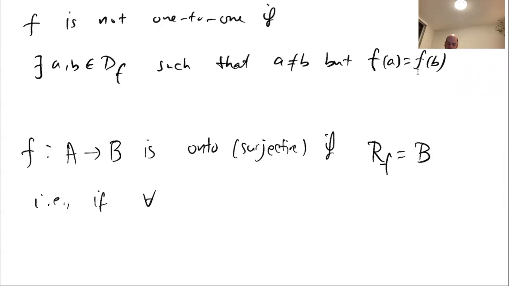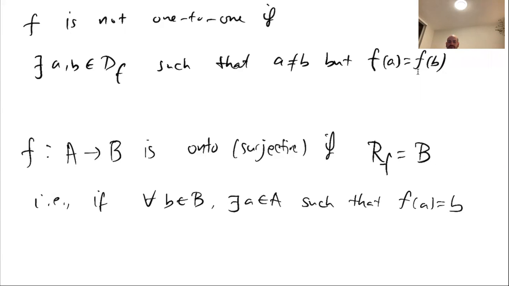If for every b in B, there exists a in A such that f of a is equal to b. If every element in the codomain occurs as an output, meaning there is an input in the domain for which f of a is equal to b, we can say the function is onto or surjective because the range is the same as the codomain.